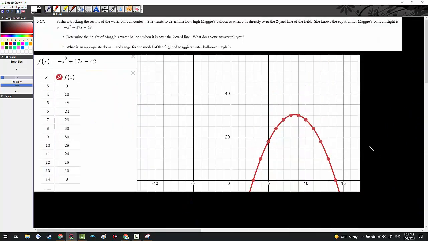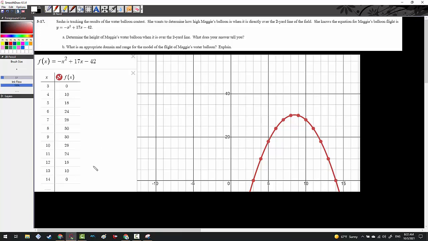In 5-17, we're introduced to a new character, Sasha, who is now tracking the results of the water balloon contest, and she pays special attention to Mags's balloon. She wants to determine how high up the balloon is when it's directly over the 2-yard line. She knows the equation for Mags's balloon is this.